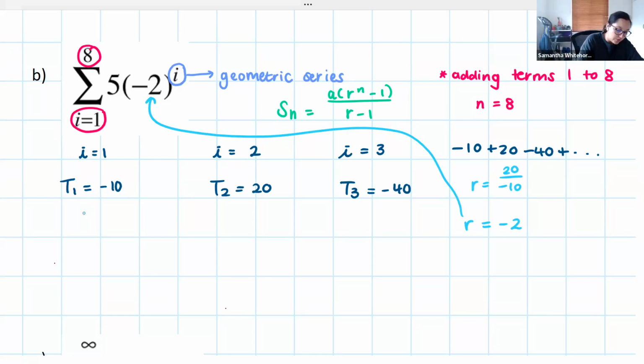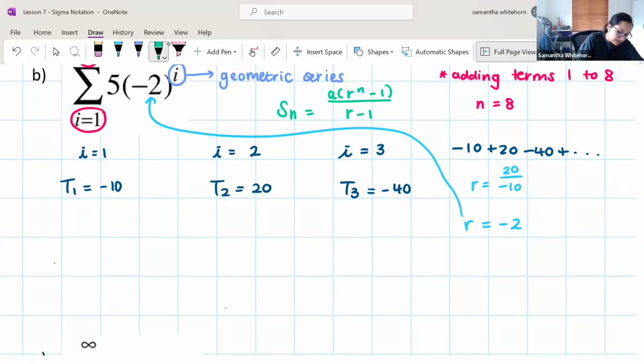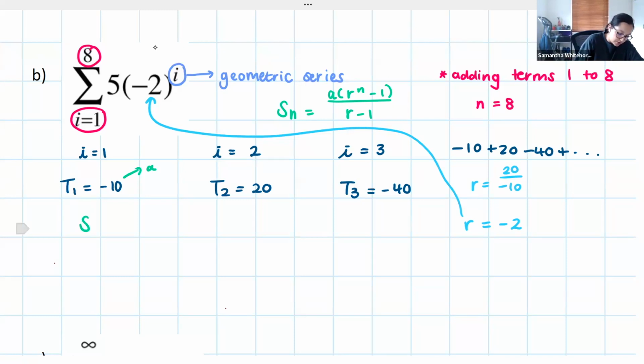And now that you do know what R is, you obviously know what A is, you can go and substitute into your sum formula. Now remember, it's a sum of 8 terms. So that would be A, so negative 10 times R. Now remember, use brackets, because what we need to be careful of is that it's negative 2 to the power 8 minus 1. If we don't put brackets around the negative 2, our calculator is not going to calculate it properly.